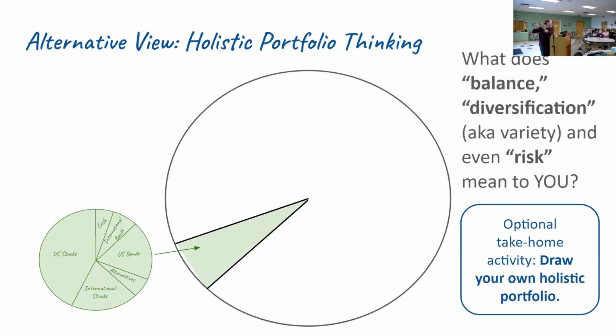But I'm not going to leave you with just this blank circle. Although I invite you to start there for yourself, I'm going to give you a framework that has worked for me for an optimal balance and diversification from a more holistic way of thinking about this stuff. And then you can run with it, or it's a place to start your thinking.